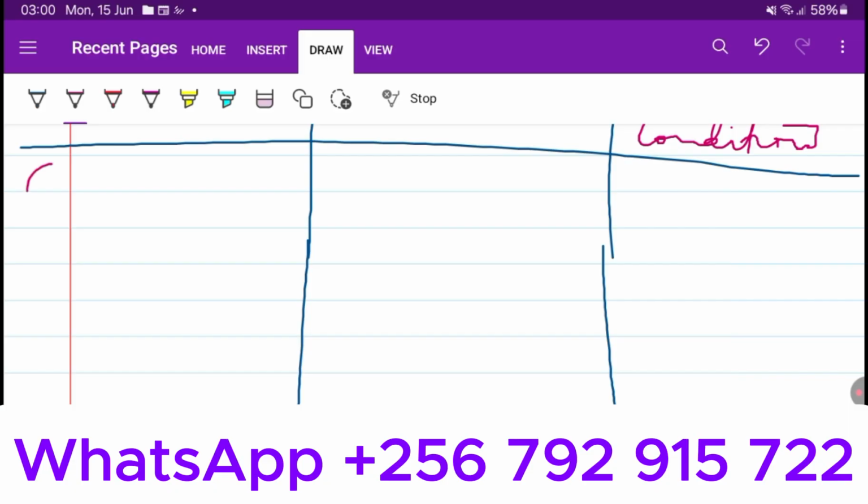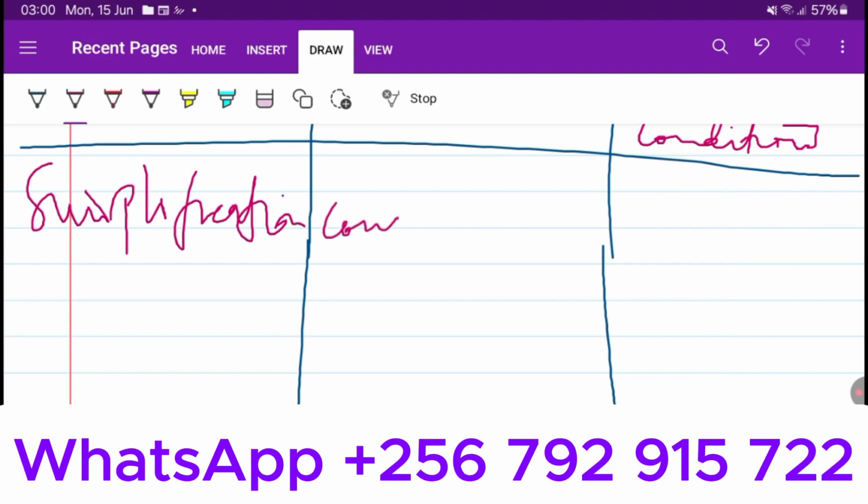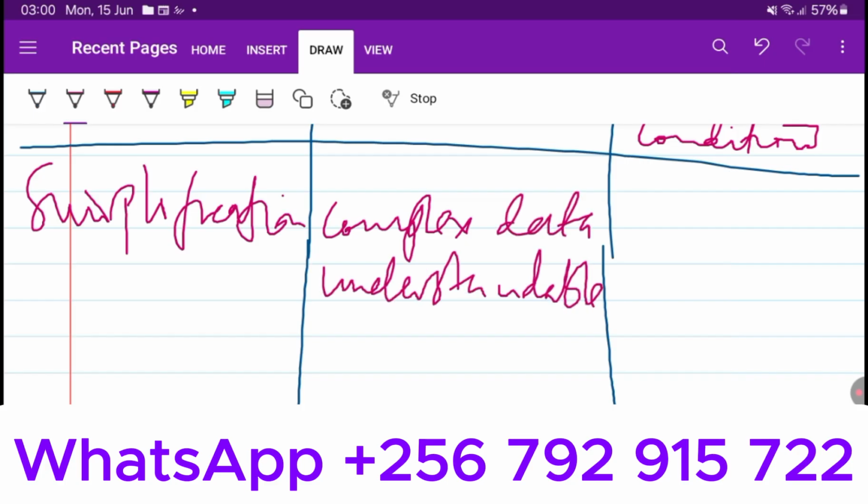If we look at the importance of simplification, it makes complex facts or complex data understandable.